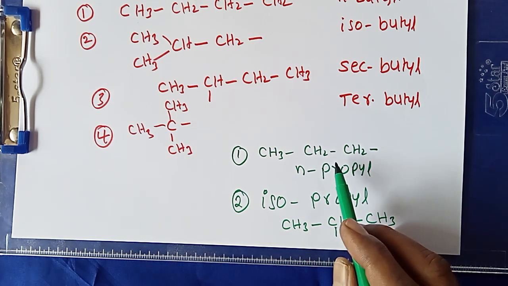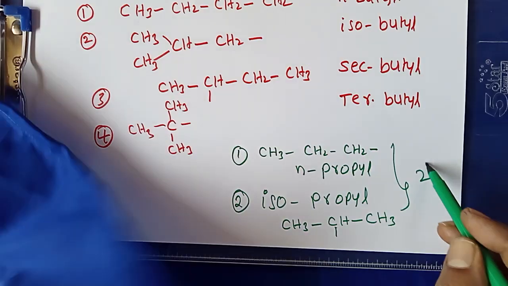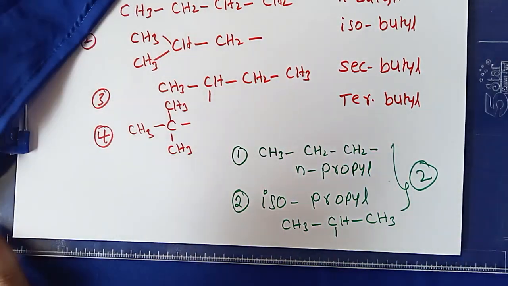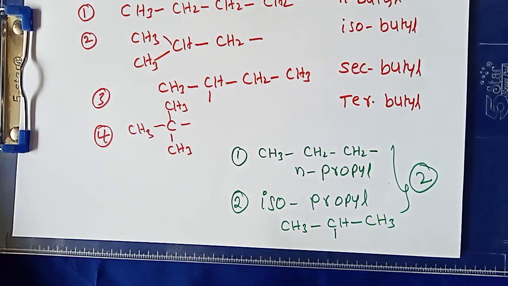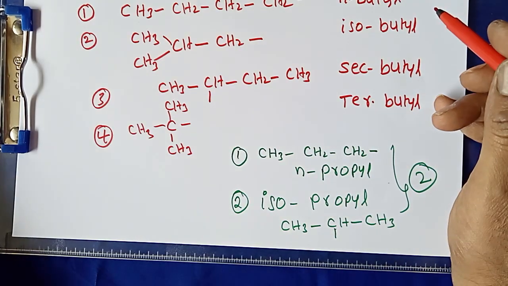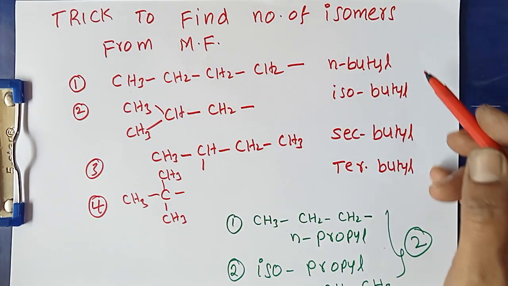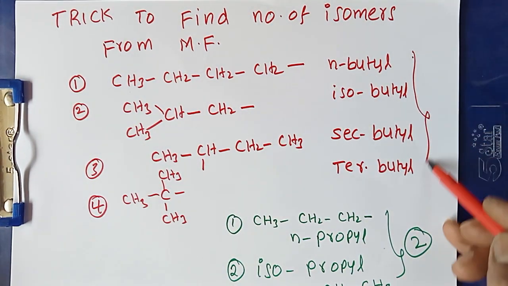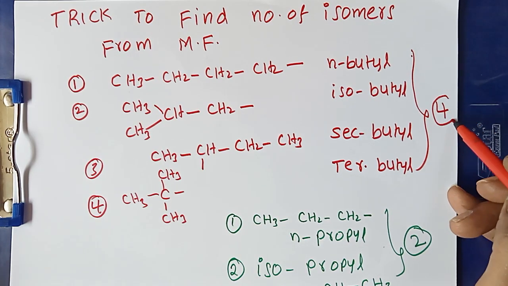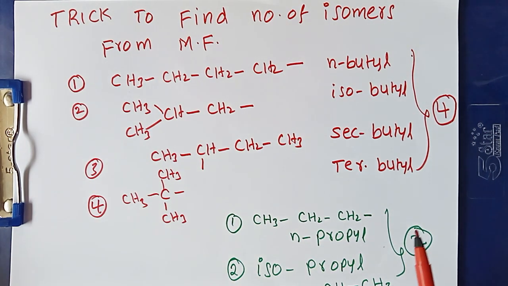So it is isopropyl and propyl, only 2. But with 4 carbons, how many? Total 4. This is required. These 2 basic points are required.